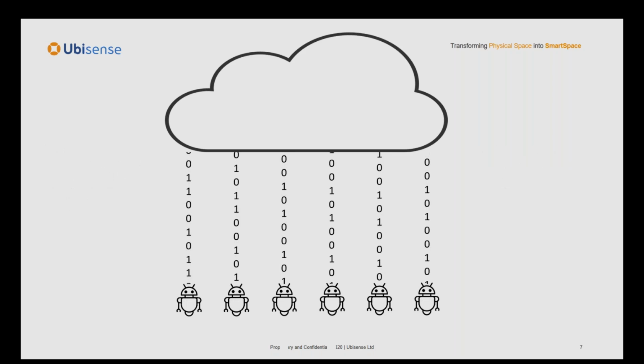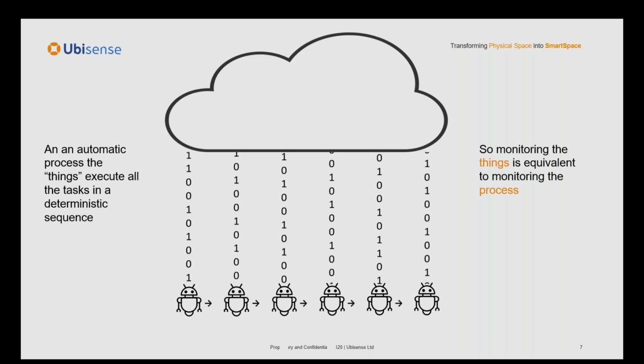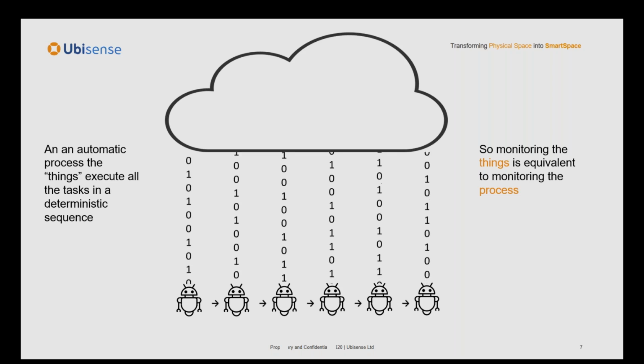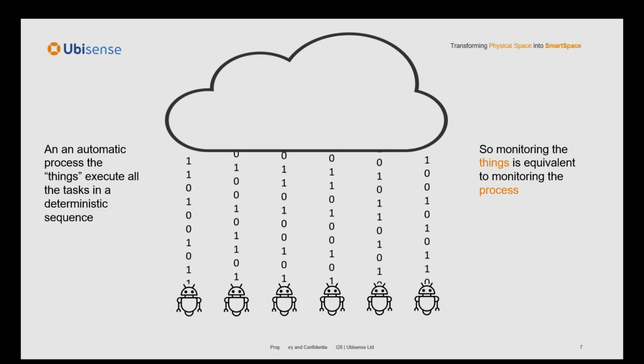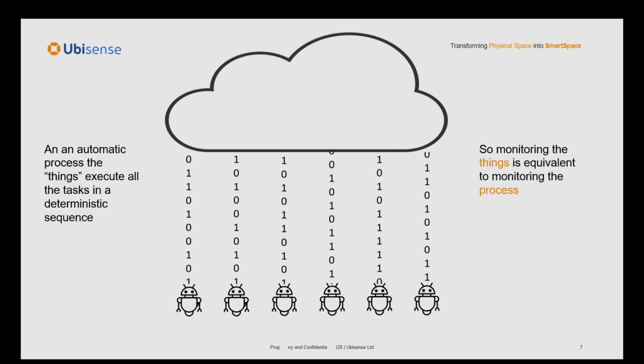If you take an example of a factory which is fully automated, you have the process of the things. They execute the tasks all in a deterministic sequence. So that means if you monitor the things, it's equivalent to monitoring the process. So here IoT can help, and IoT can give you the state of your process.